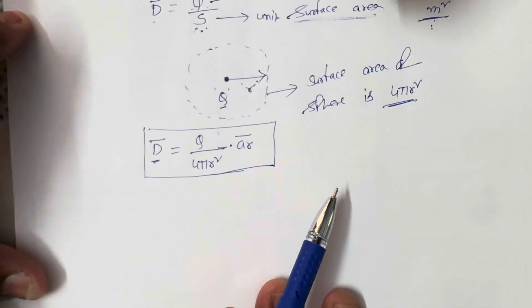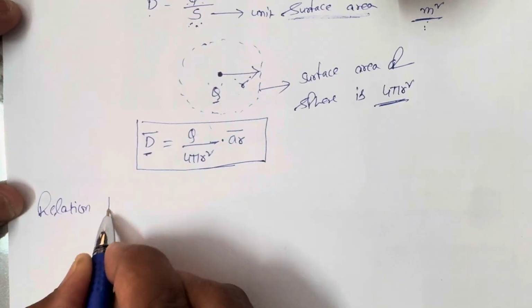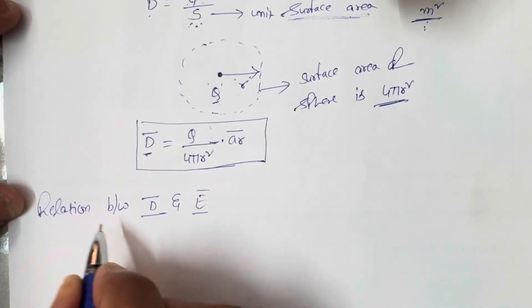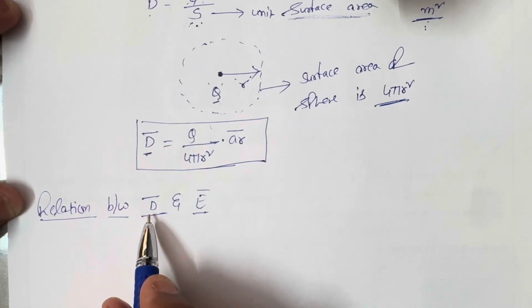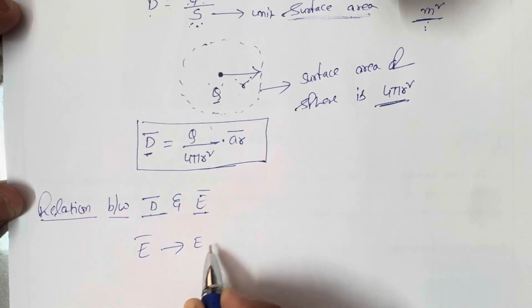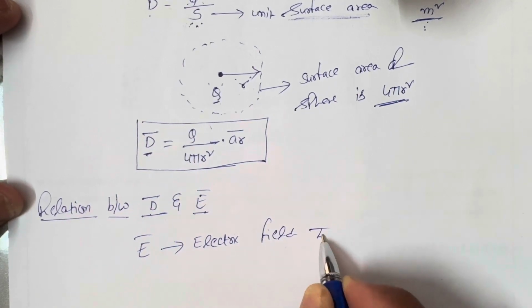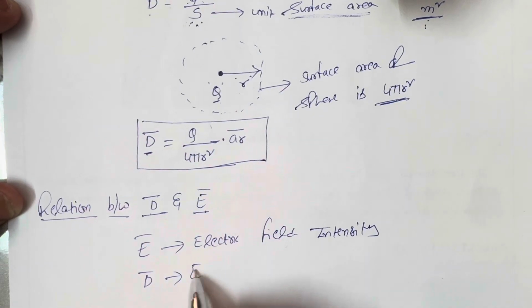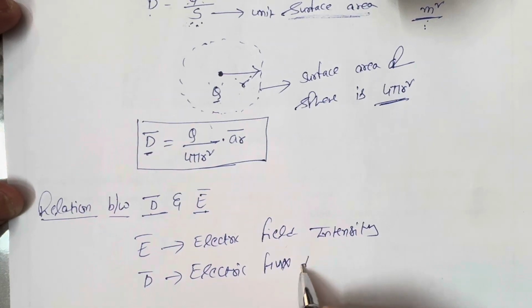Now we'll observe the relation between D bar and E bar. E bar is electric field intensity, D bar is electric flux density.